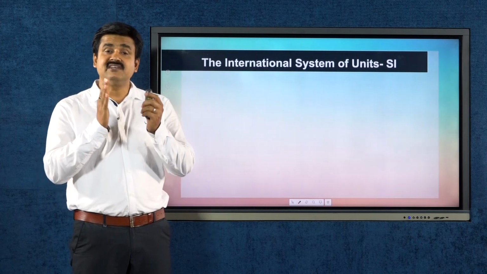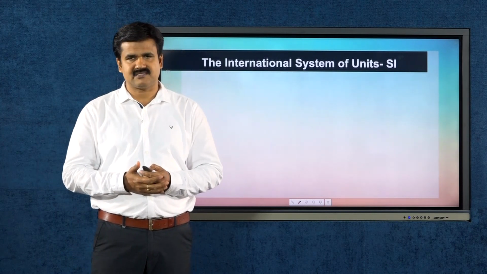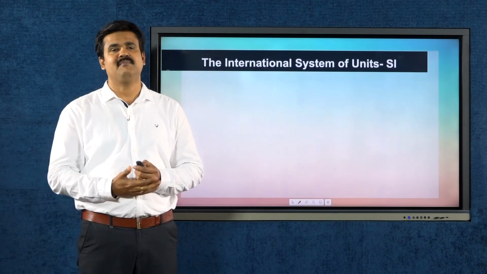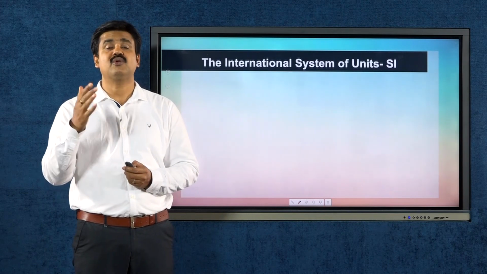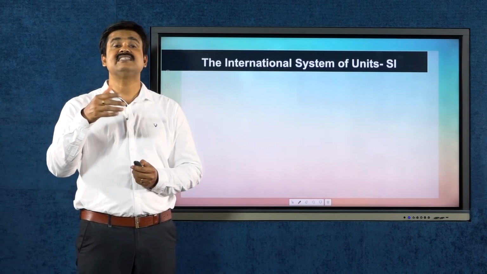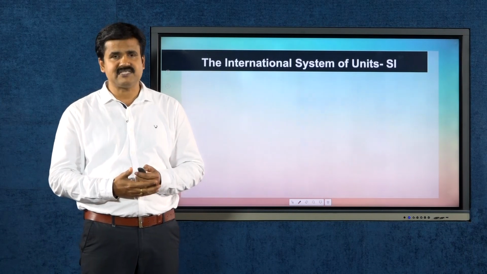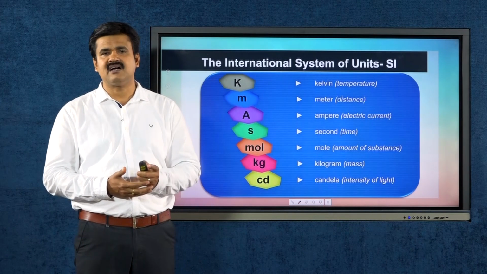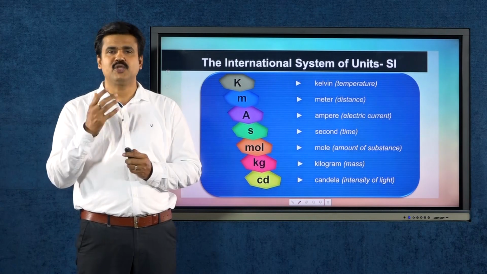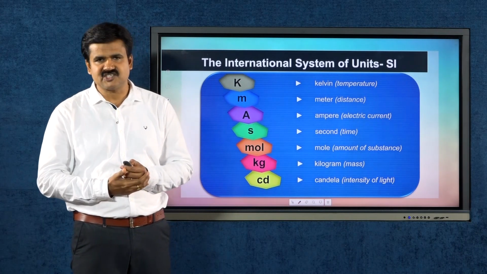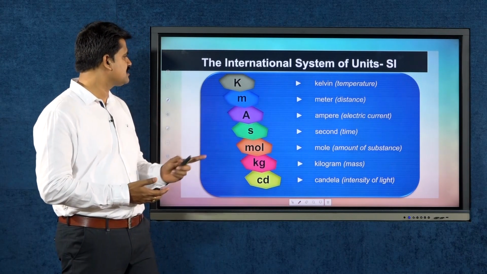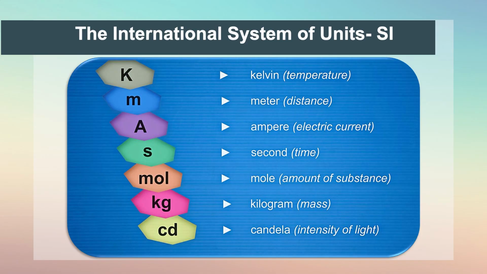Now, the international system of units. You learned about System International or SI system. This is an internationally reputed system of units, and there are some basic units for System International, and these basic units are total 7 in number. First one, Kelvin, which represents the temperature. Second one, meter, which represents the distance.